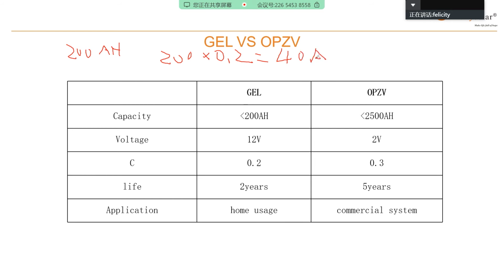This is the recommended value we give you for the charging or discharging current.